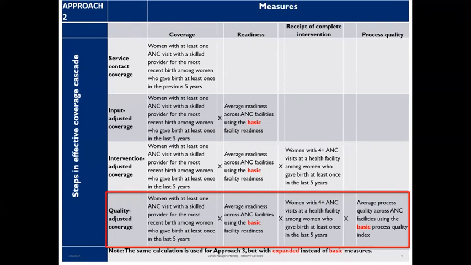The measures of readiness and process quality had a more comprehensive list of items. And for approach 3, these items were selected based on a literature review of global antenatal care and IMCI standards, as well as previous research into measures of antenatal care and sick child quality of care using SPA data.